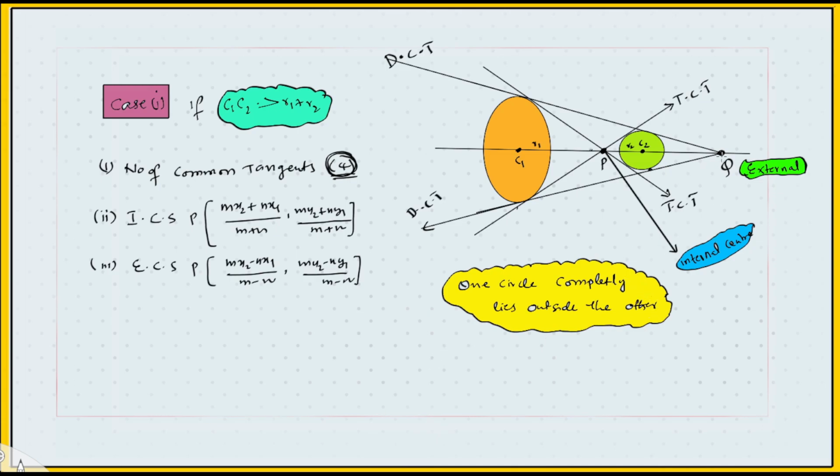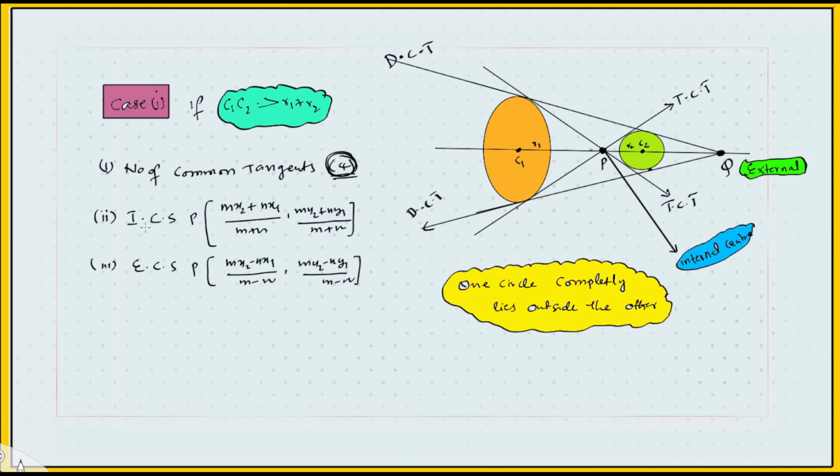Transverse common tangents can be drawn from the internal center of similitude P. And direct common tangents are drawn from the external center of similitude. External minus, internal plus.